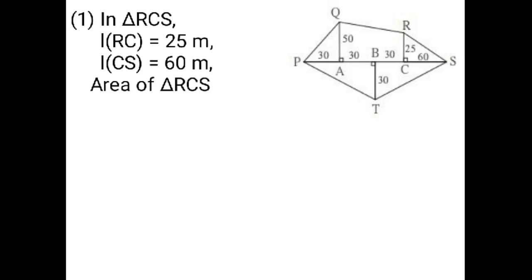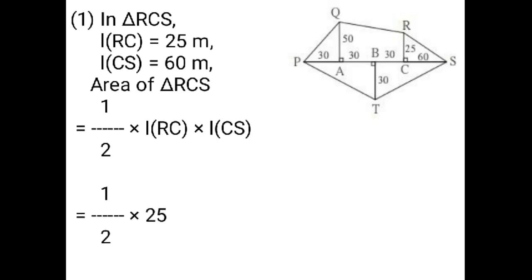Area of triangle RCS is equal to half into product of the sides forming the right angle, that is equal to half into length of RC into length of CS. Length of RC into length of CS are the product of the sides forming the right angle, that is equal to half into length of RC is 25 into length of CS is 60.